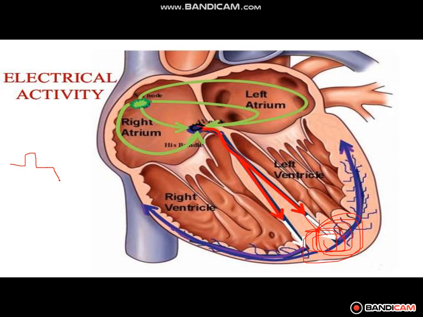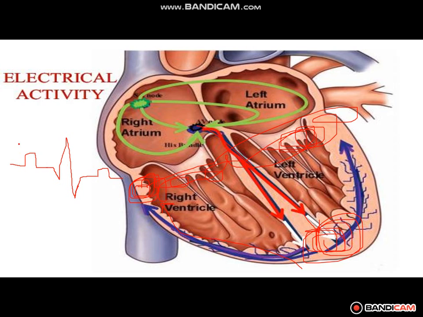As a conclusion, I want to sum up what I told you in this first slide. When electrical impulses are produced in the SA node, they go to the atrium first and depolarize the atrium, and the wave of the depolarization of the atrium is the P wave.